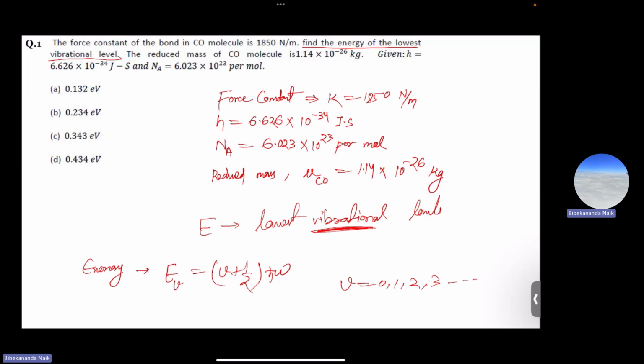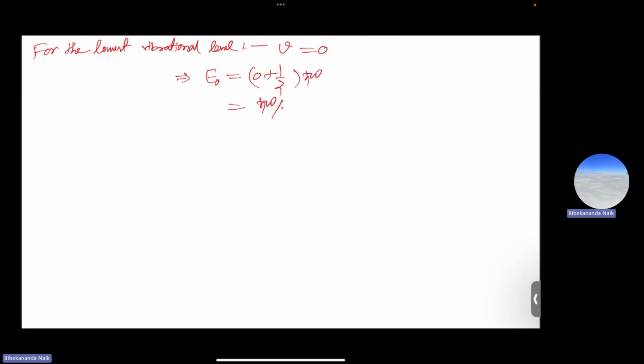So for the lowest vibrational level, v will be 0. So E_0 will be (0 plus half) h-bar omega, which is nothing but h-bar omega by 2.